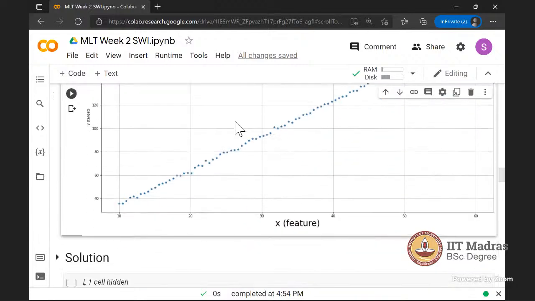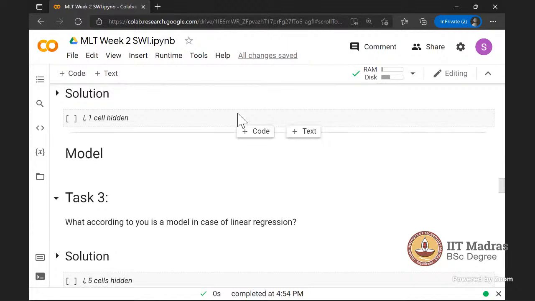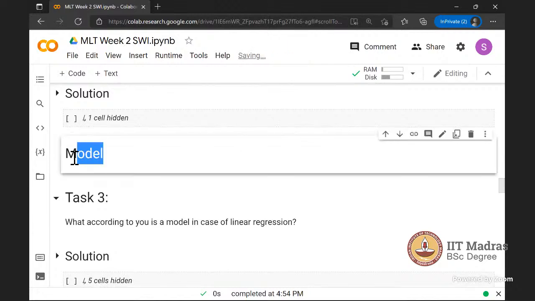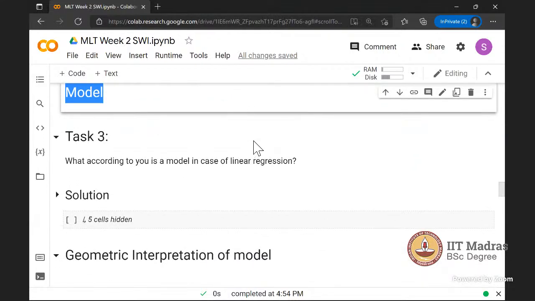Okay, let's move on to the next part. At this point, I think you already know what a model is. The next task is what a model is and how you would write it. And of course, we know the answers to both of them, so I'm going to skip this one.